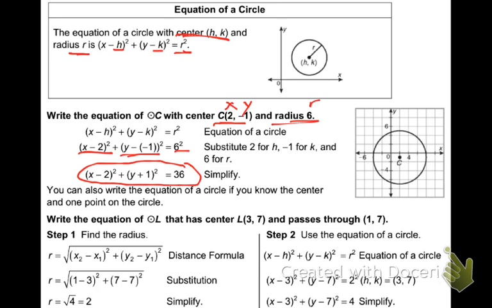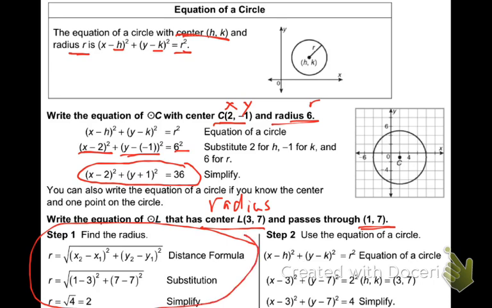Okay. The next part. Well, that's great if they give me the radius and the center. But what happens if they give me a center and a point on the circle? What do you suppose I have to find then? I have to find the radius. And how would I find the radius, would you suppose? I would use the distance formula right there.